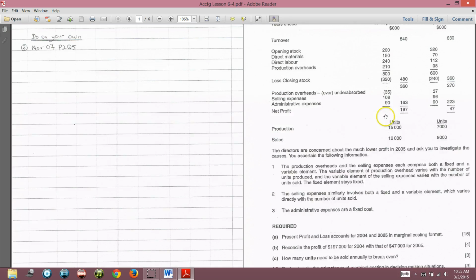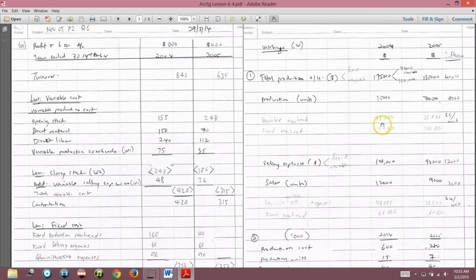But in the marginal costing profit and loss account, the stock, you see here, is variable cost. It means that all these here, before coming to fixed cost, before contribution, are only variable cost. So your opening stock and your closing stock does not include fixed production overhead.